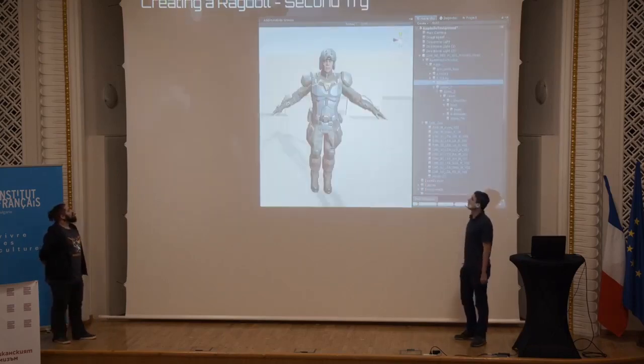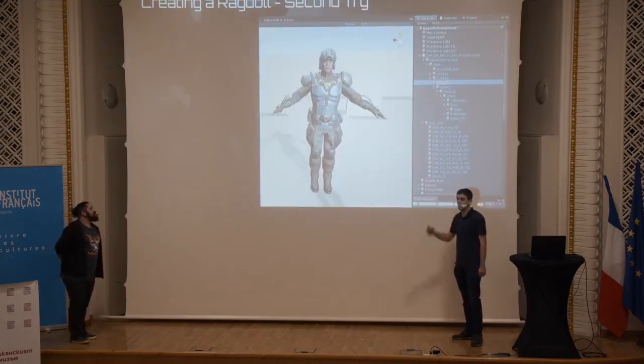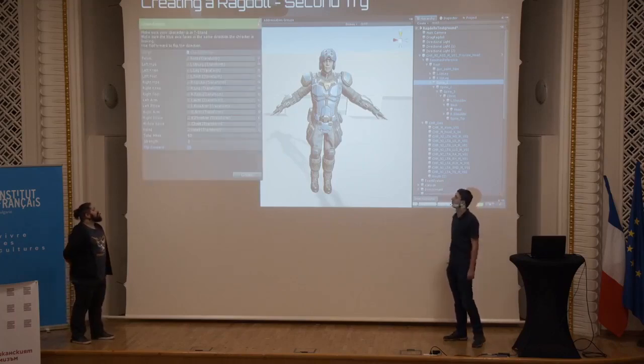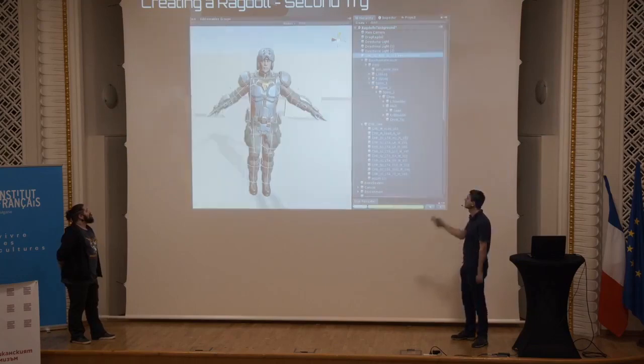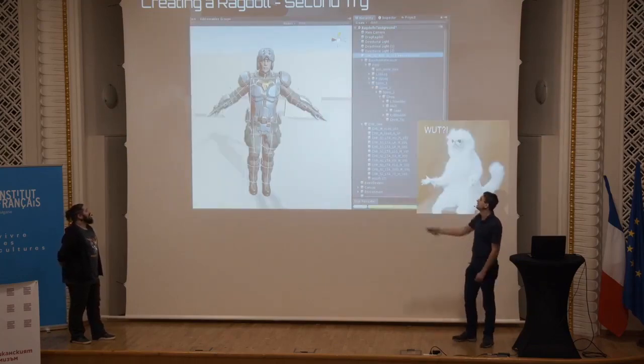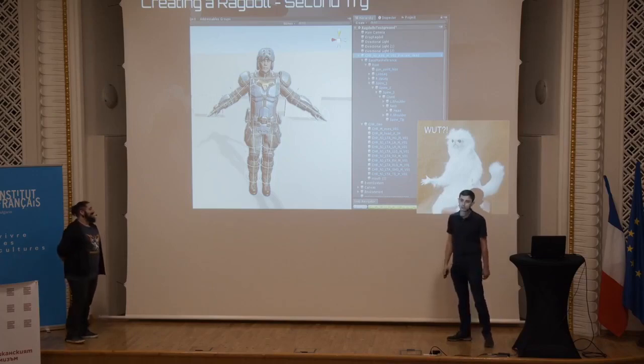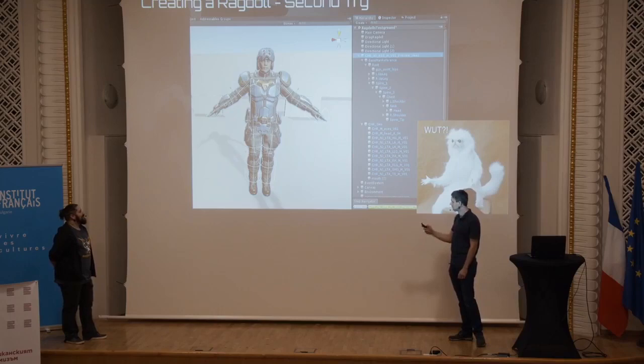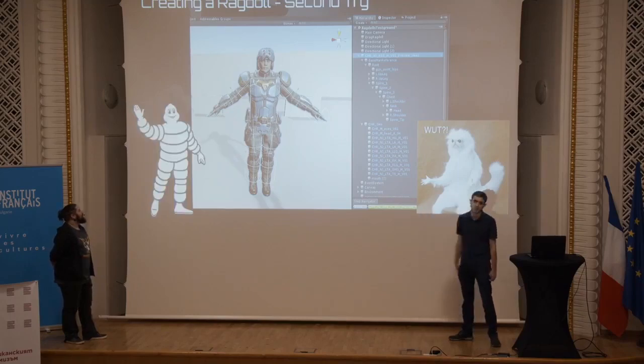So let's try this one more time. We have our character, open the Unity Ragdoll Wizard, drag in the corresponding bones, and see the results. And again, what? These colliders are horrible, they're huge, totally useless, and they look like that Michelin guy you all know.